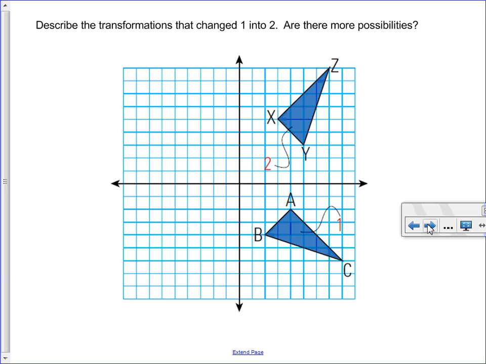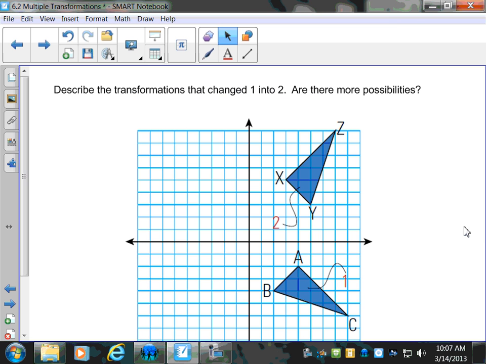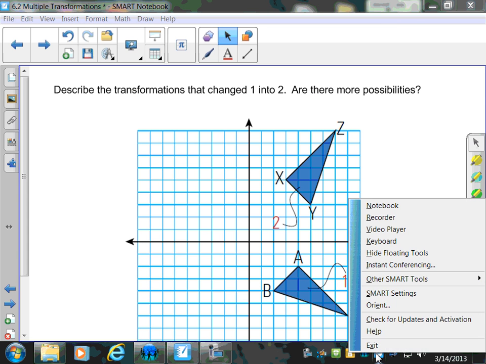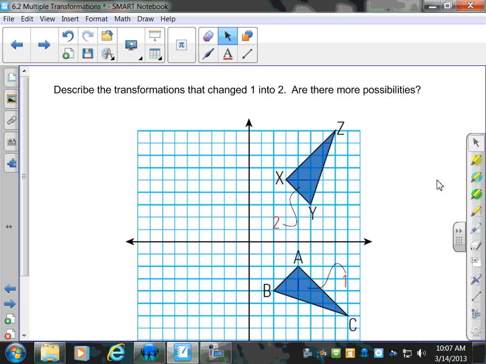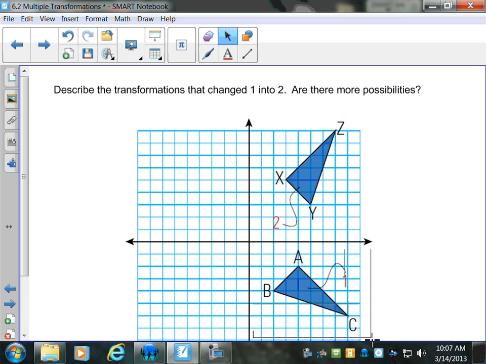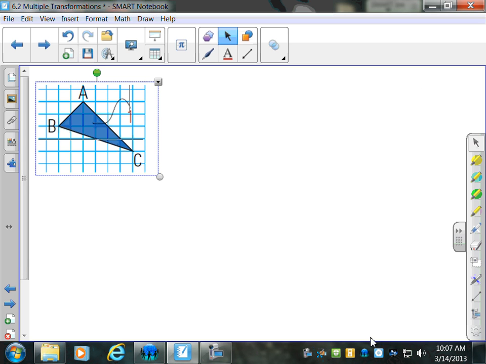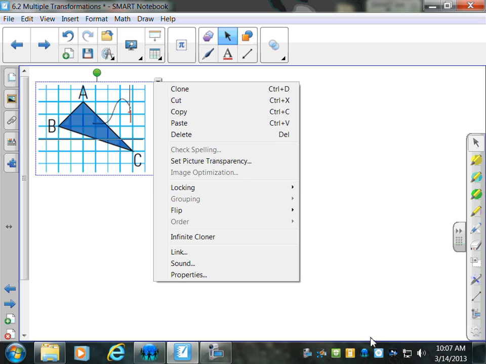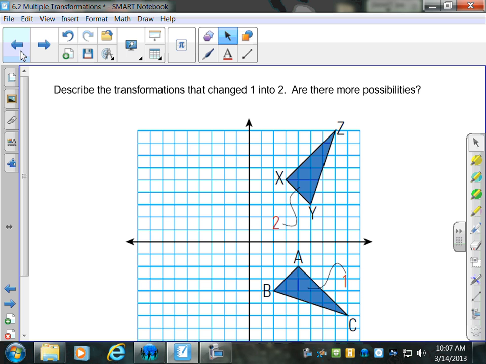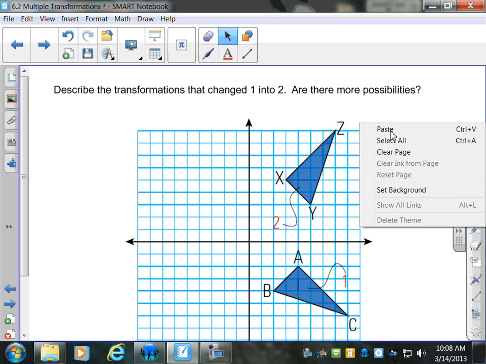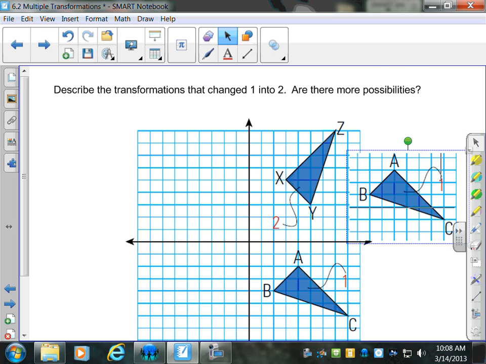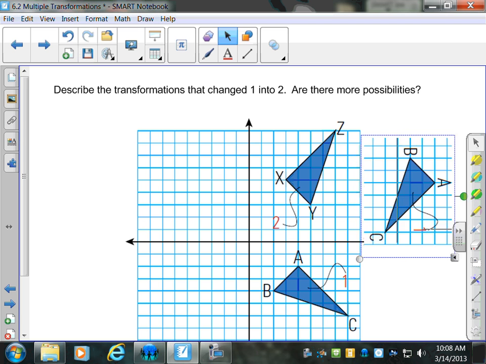In order to deal with that, it might help to have just a smaller picture of one of these that we can manipulate a little bit. So I'm just going to take this bottom picture and cut a piece of it, and then we'll use that as a guide here. So just give me a second. Okay, so now we have this picture here. What would happen if we rotate it?